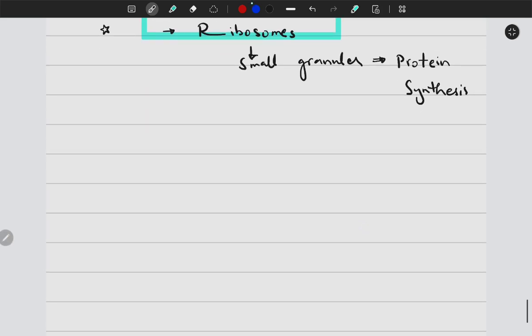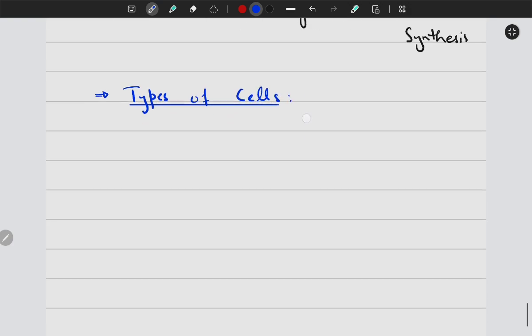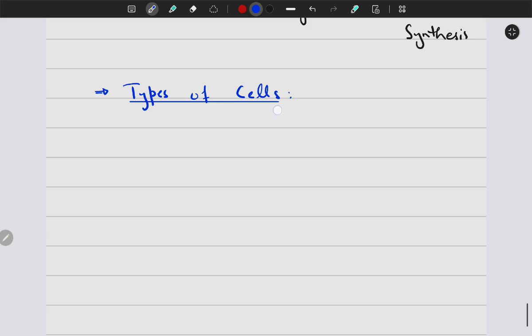Now let's talk very briefly about the types of cells. So there are two major types of cells. You know what those two types are. Most of the students know that, at least the names.